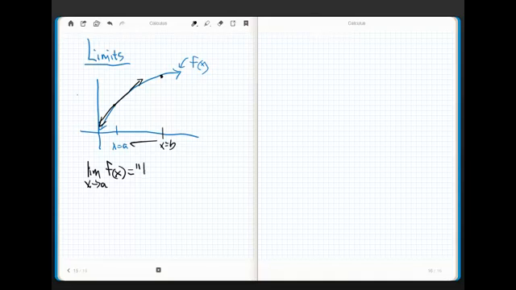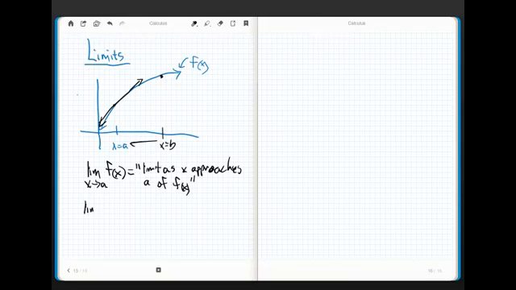The way that we say that this is the limit as x approaches a of f of x. That's how it's spoken. Okay?